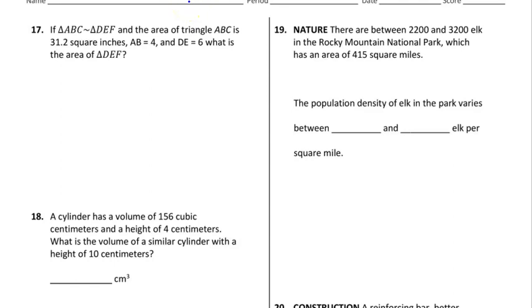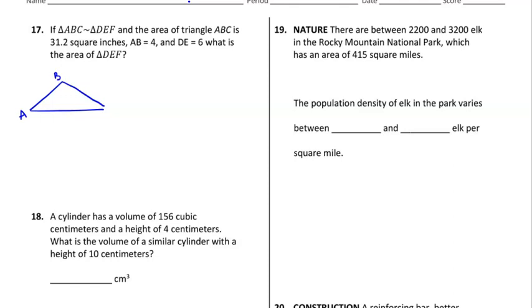It says if triangle ABC and triangle DEF are similar, and the area of triangle ABC is 31.2 square inches, and then they give this to us. So let's go ahead and draw out these two triangles. It doesn't have to be perfect.